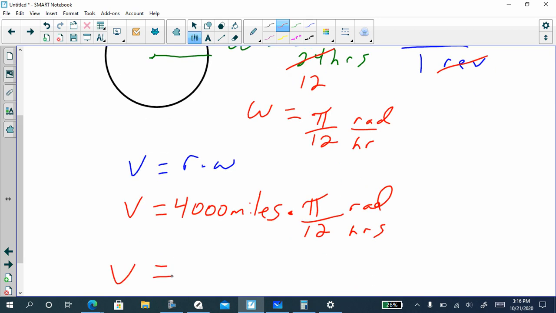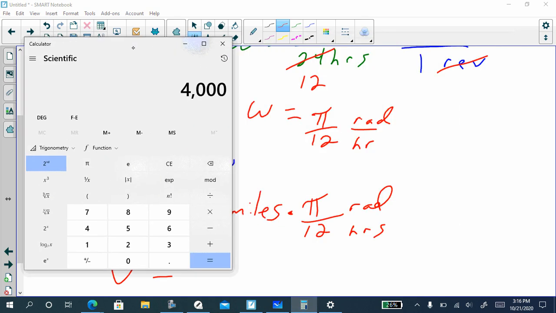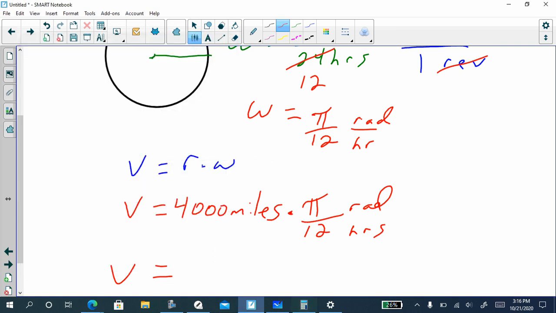So V equals 4,000 times pi over 12, about 1,047. About 1,047, radians unitless.